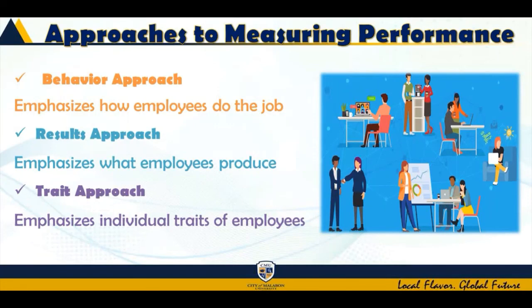And for the last, we have the trait approach. This approach emphasizes the individual performer and ignores the specific situation, behaviors, and results. If one adopts the traits approach, raters evaluate relatively stable traits. These include abilities such as cognitive abilities, which are not easily trainable, or personality, which is not likely to change over time.